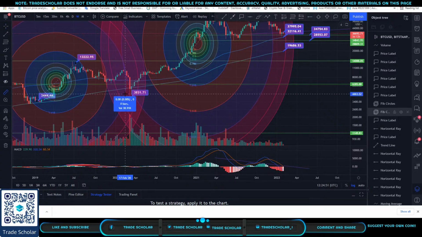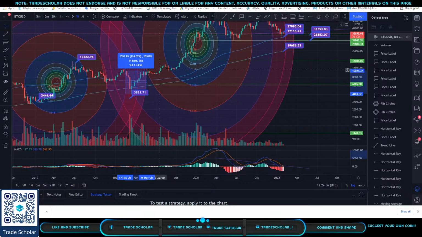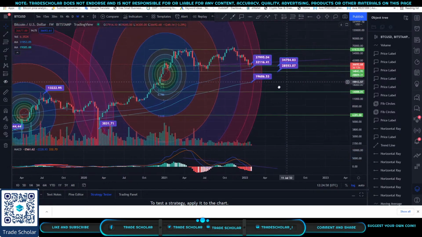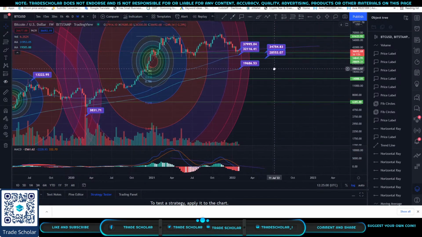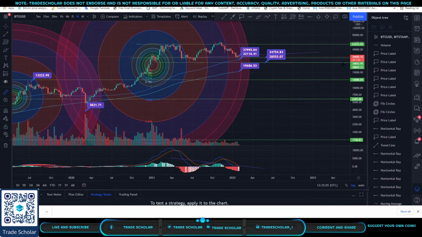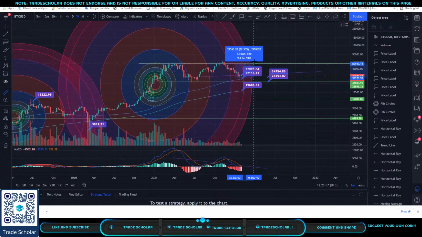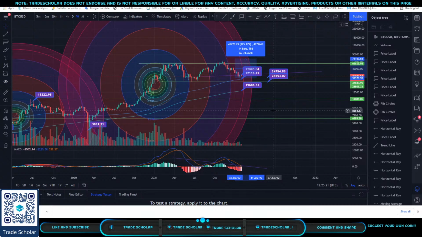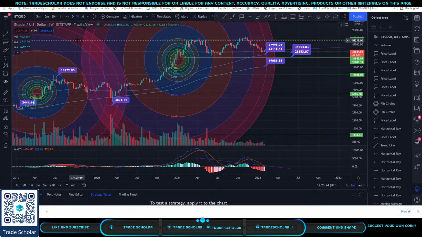If this moves to the upside, this is 124%. If that happens here, 124% upside. 75,000 would be the price target if it moves to the upside for our pink Fib circle.